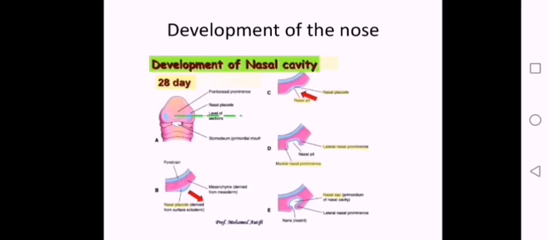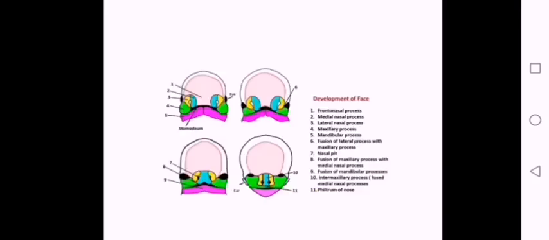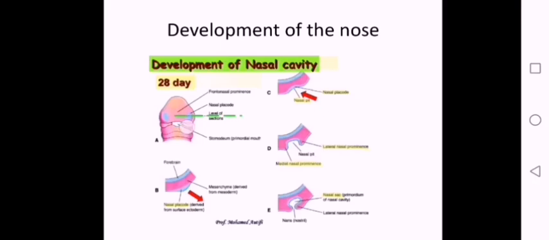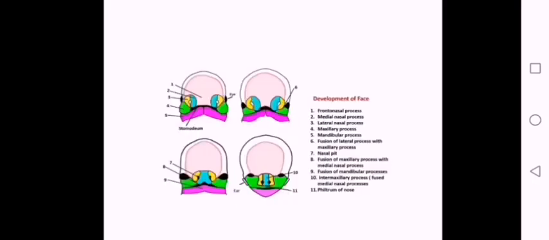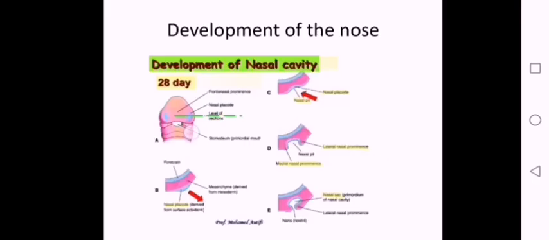The other two pairs of prominences are the maxillary prominence here and the mandibular prominence here below the maxillary prominence. Both the maxillary and the mandibular prominences are derivatives of the first pharyngeal arch. Now we are concerned about the nose, so we will focus on the frontonasal prominence.